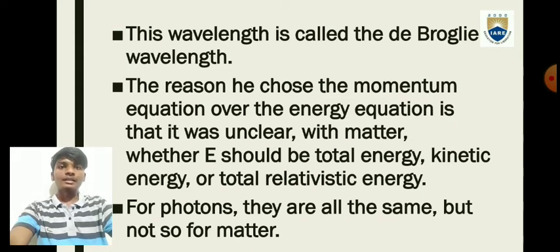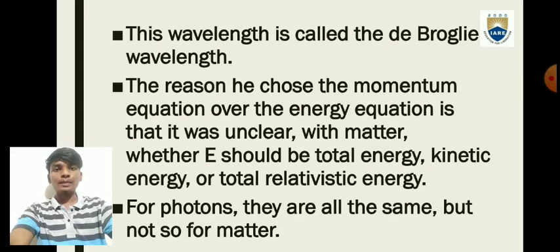The reason he chose the momentum equation over the energy equation is that it was unclear with matter whether E should be total energy, kinetic energy, or total relativistic energy. For photons, they are all the same, but not so for matter.